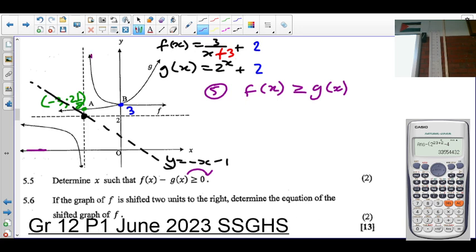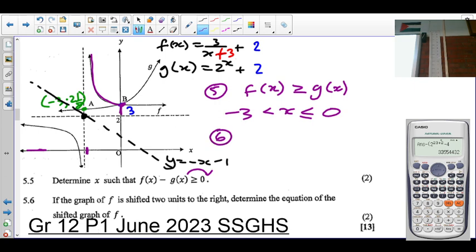However, it's only above from that point till there. Okay, so in other words, x must be greater than this value of minus 3, but less than this x value of 0. It's asking equal as well. Can the graph be equal on the asymptote? No. However, it is equal on 0.